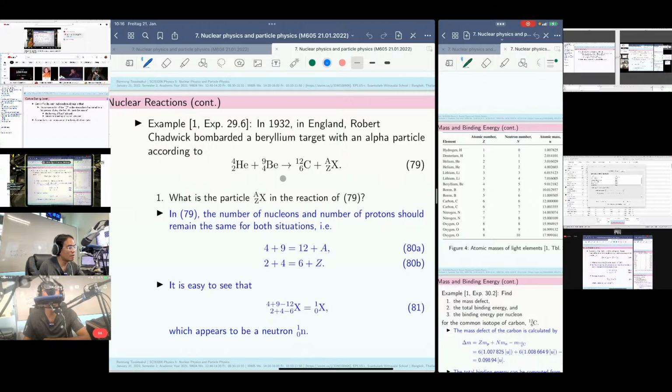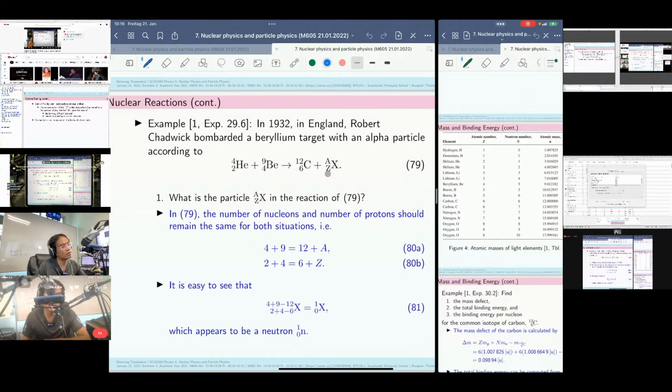The outcome is the typical carbon we find in nature, carbon 12, and another particle denoted by X.